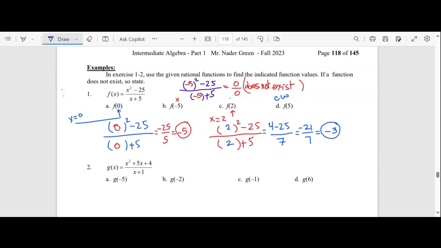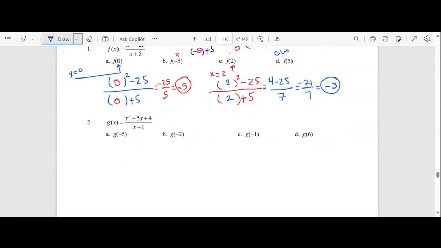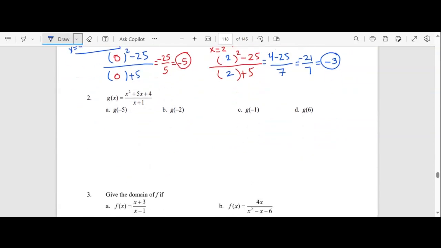I have another equation here, equation number 2. I'm going to do the first one. What is the value for x? Negative 5. So x squared plus 5x plus 4 over x plus 1.